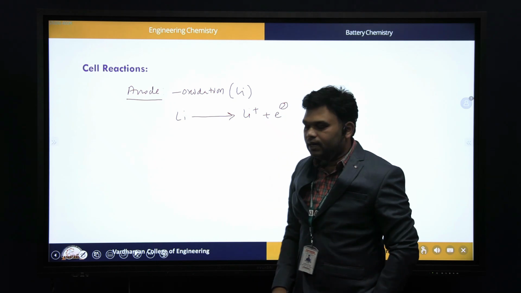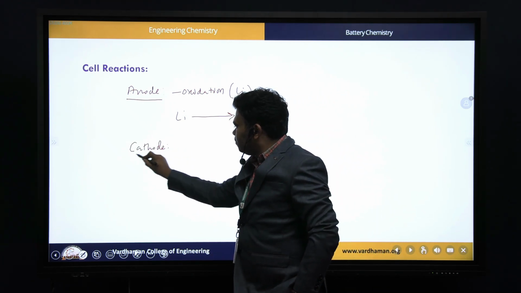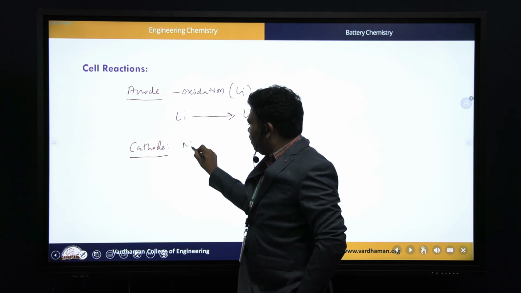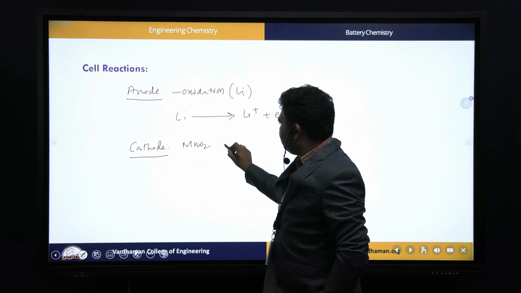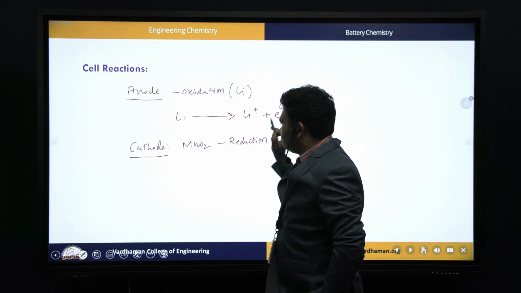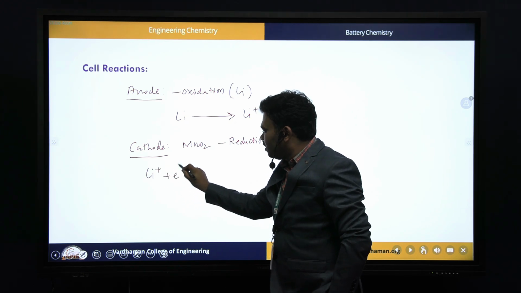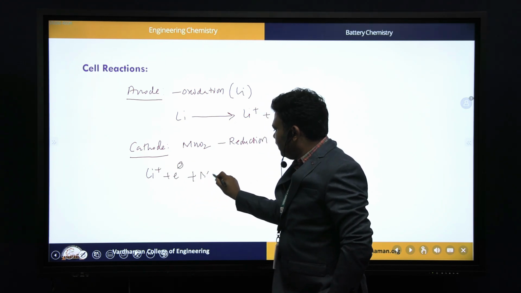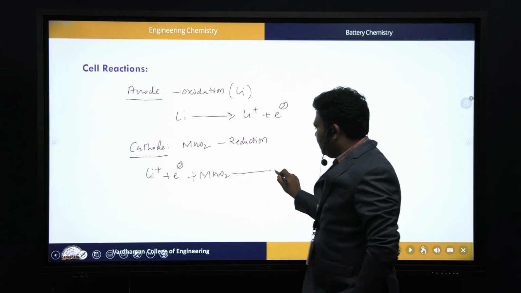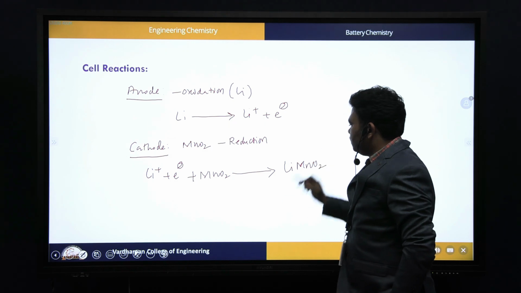Next, the cathode. Here the cathode is manganese dioxide, and the reaction is a reduction reaction. The Li+ and electron released at the anode combine with manganese dioxide and give rise to LiMnO2, which is the product.